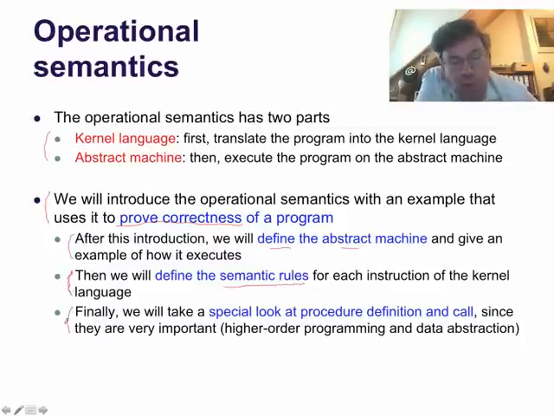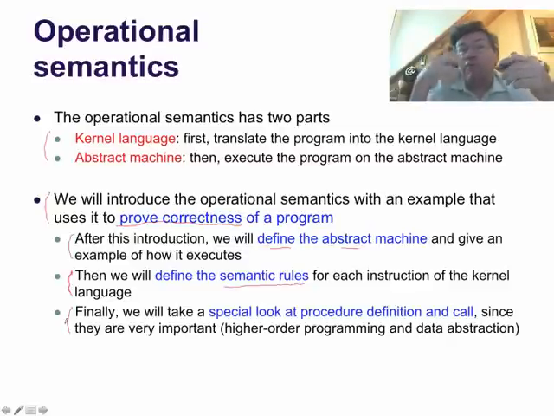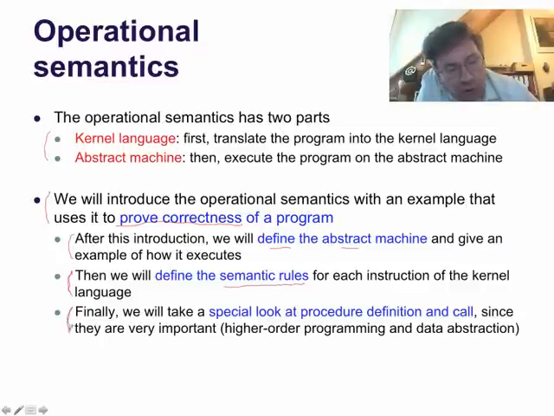And then finally, we're going to take a special look at procedures, procedure definitions, and procedure calls, since this is very important. Like we saw in higher order programming, procedures as procedure values are really the foundation of very many powerful ideas, including data abstraction. So it's a good idea to look at that a little bit more closely.